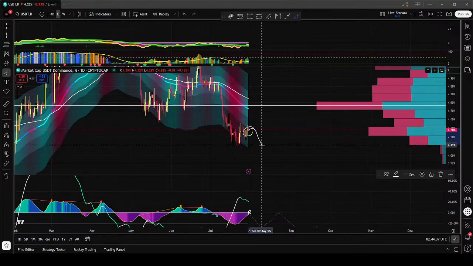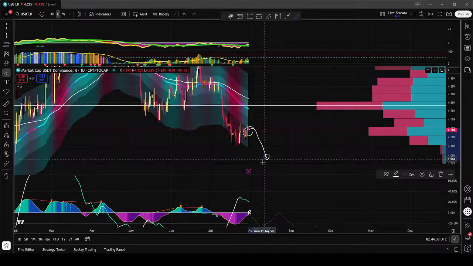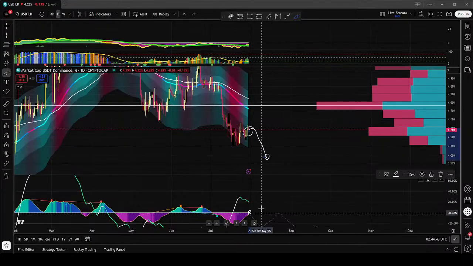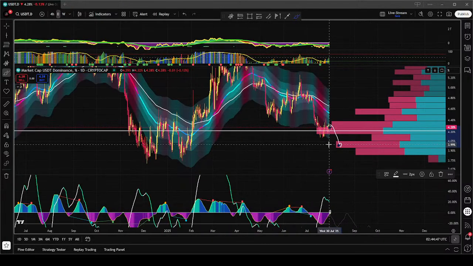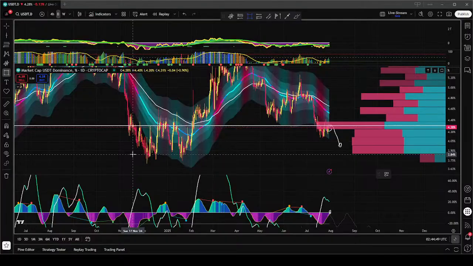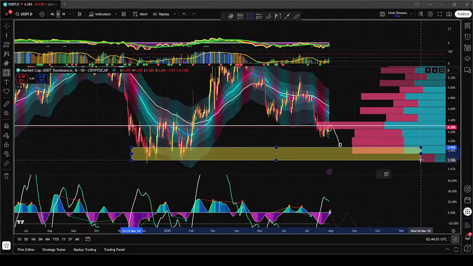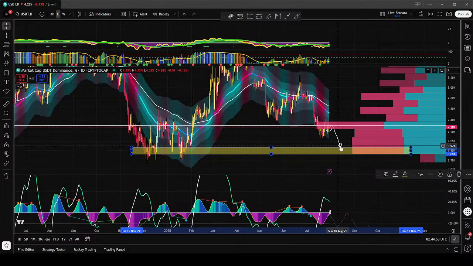Potentially we could see another leg down, but this leg down, my friend, is going to be a bear trap in this case, because USD dominance is going to test the strongest support historically speaking. This is the strongest support of USD dominance. Any test from here, you will see a very strong bounce and potentially a bullish divergence here. So that's why I am very careful.